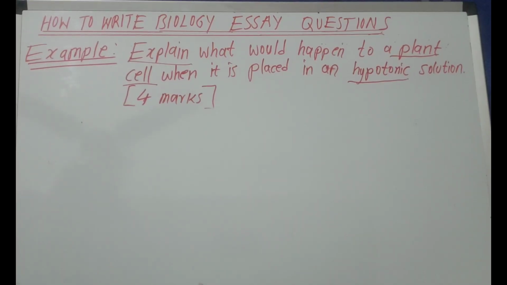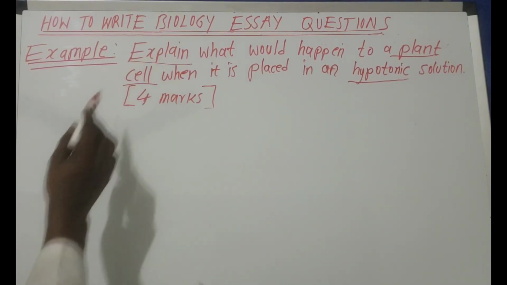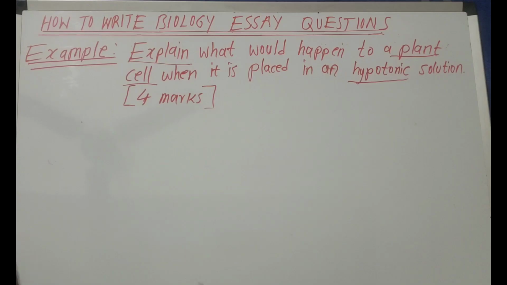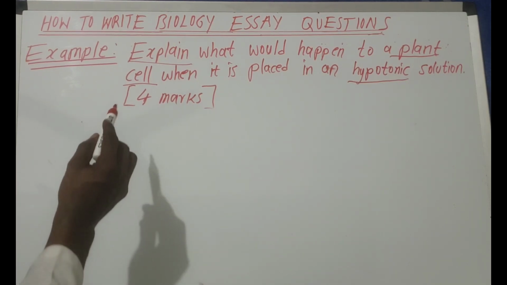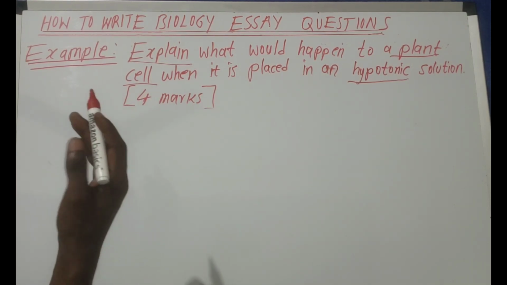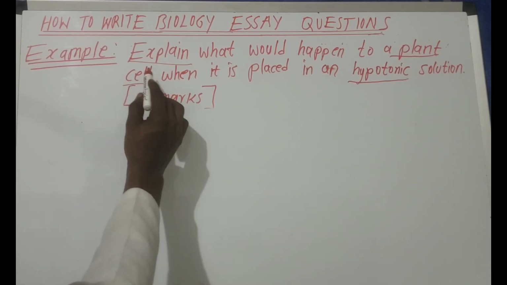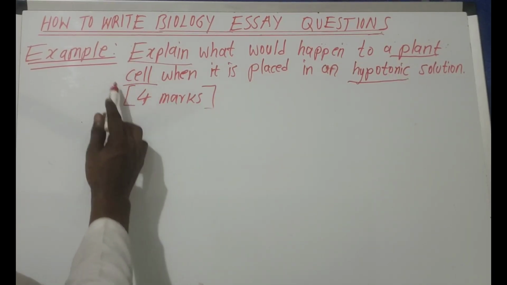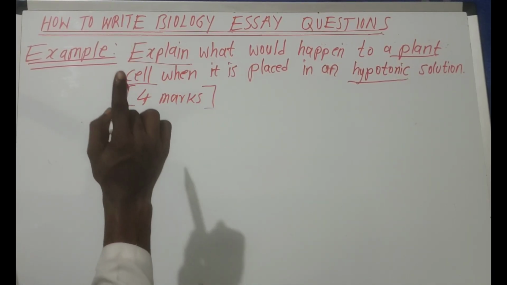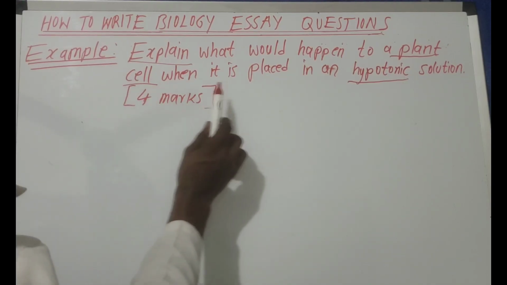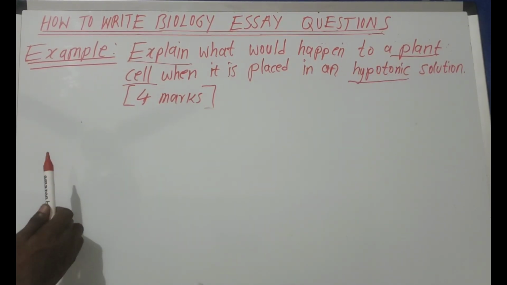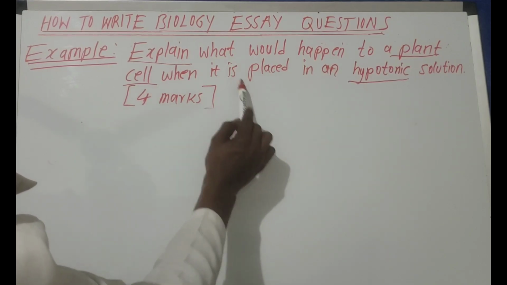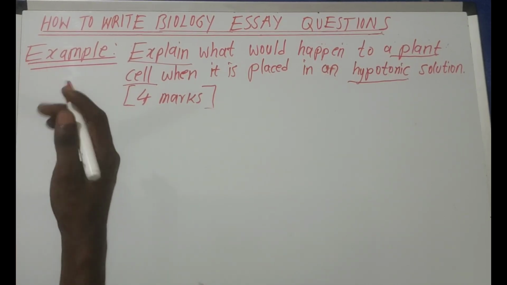Since they've said explain, we are not just going to give out points. We need to provide the definitions, we need to explain something, and we need to be direct and precise. We are dealing with a plant cell, and they want us to explain what would happen when it is placed in a hypotonic solution.